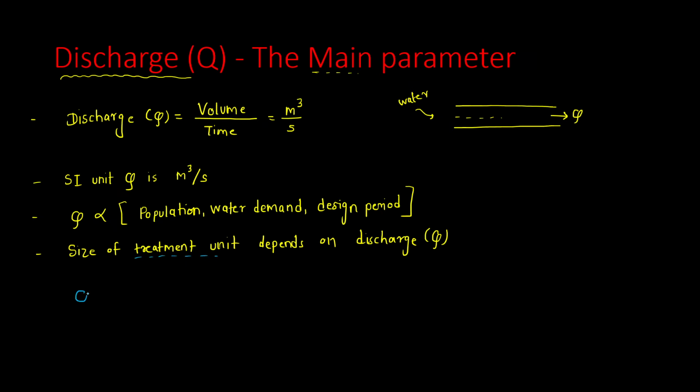So this discharge Q is equal to population at the end of design period multiplied by per capita water demand.